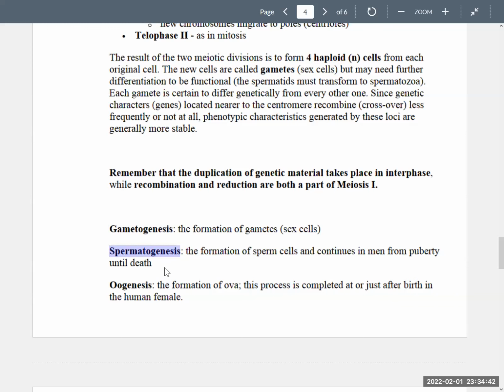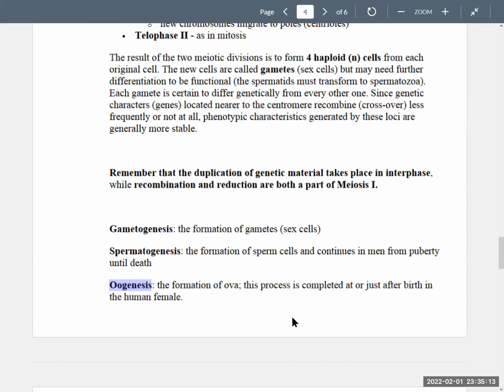This is the formation of sperm cells, and it continues in men from puberty until death. In females, the process is called oogenesis. This is the formation of ova, and this is complete at or just after birth in the human female.